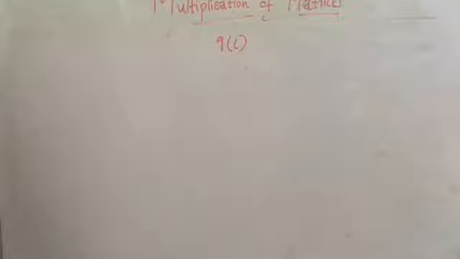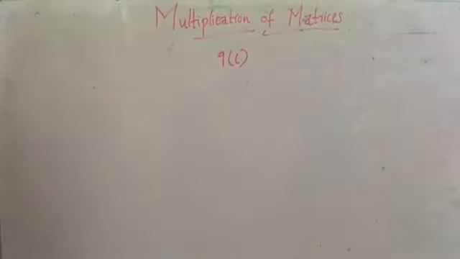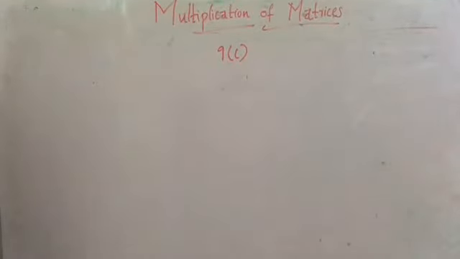Let us start with exercise 9C. I will be starting from the second problem. The first problem is just to find out yes or no. You can do it yourself. I will be starting with the second problem.